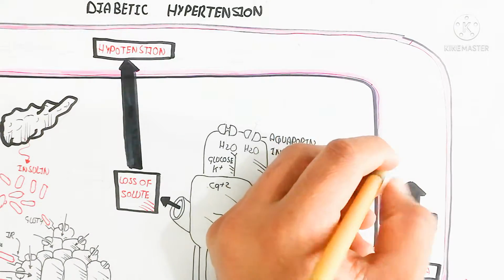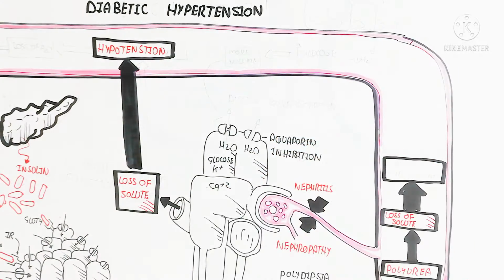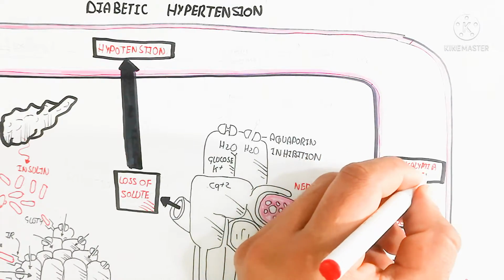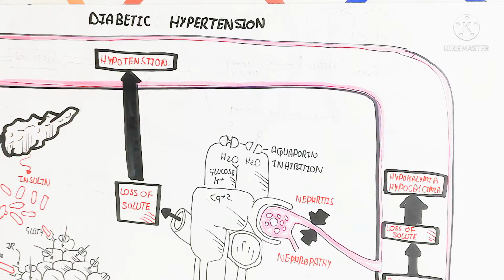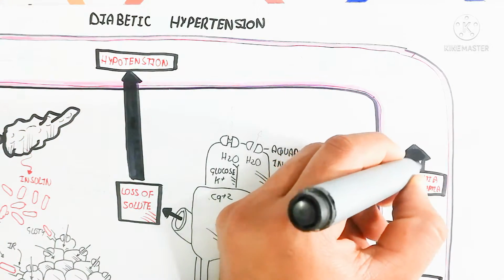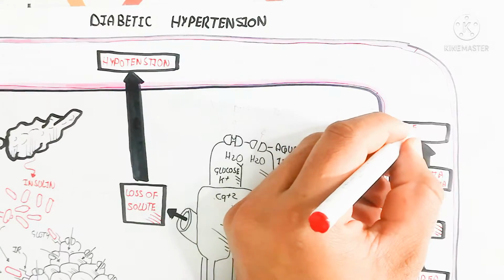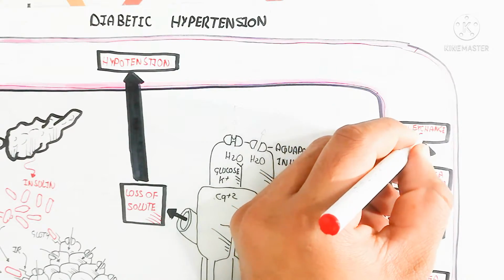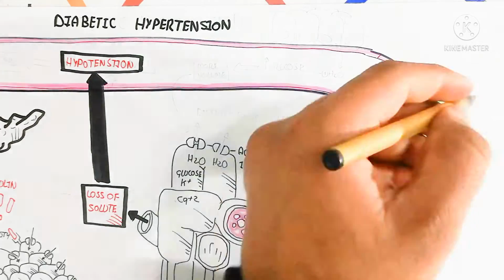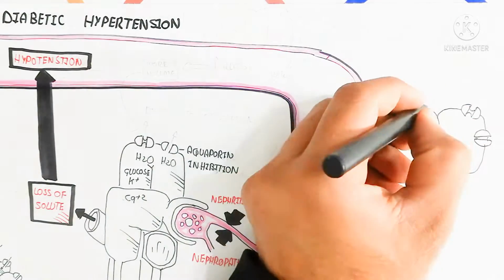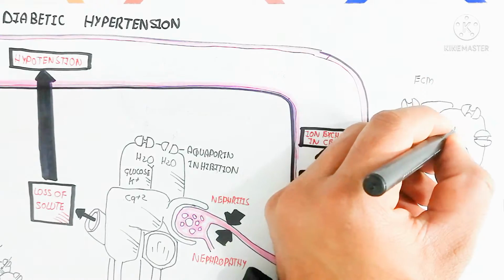After this, with the hypokalemia and hypocalcemia, the ion exchange in the cell will be disrupted, and in this way muscle fatigue, nervous disorder, and nerve damage occur.